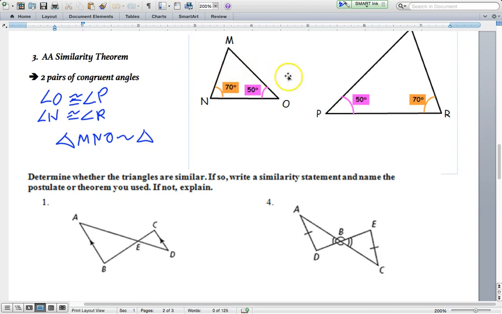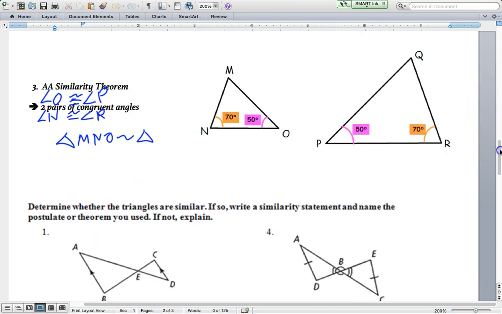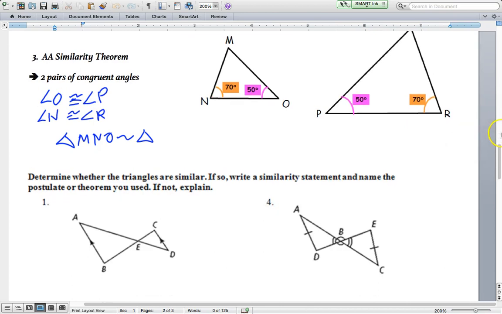M is the side that we didn't know the angle, so that's going to be this one up here, which is angle Q. So we'll say triangle Q, and then we did N, which is the orange one, so that's going to be R on the other triangle, and then O. Not O, sorry, P. So triangle MNO similar to triangle QRP by angle postulate. All right, two angles are congruent, so we know the triangles are similar.